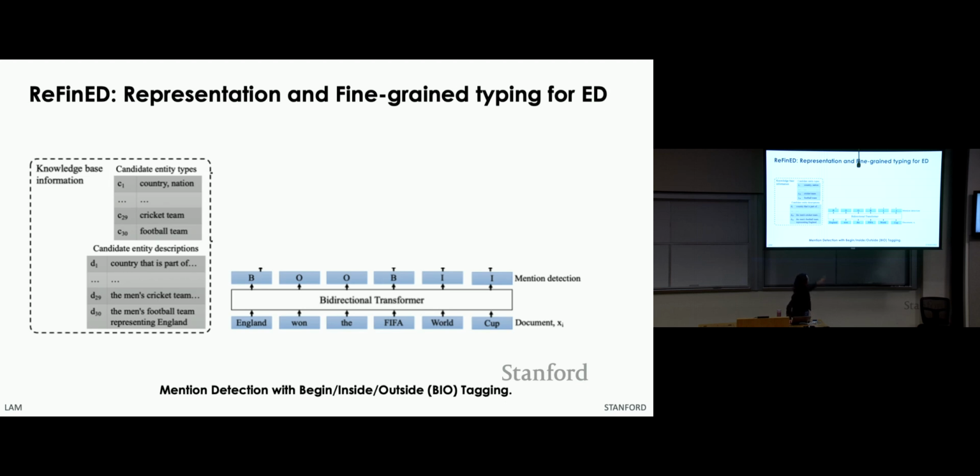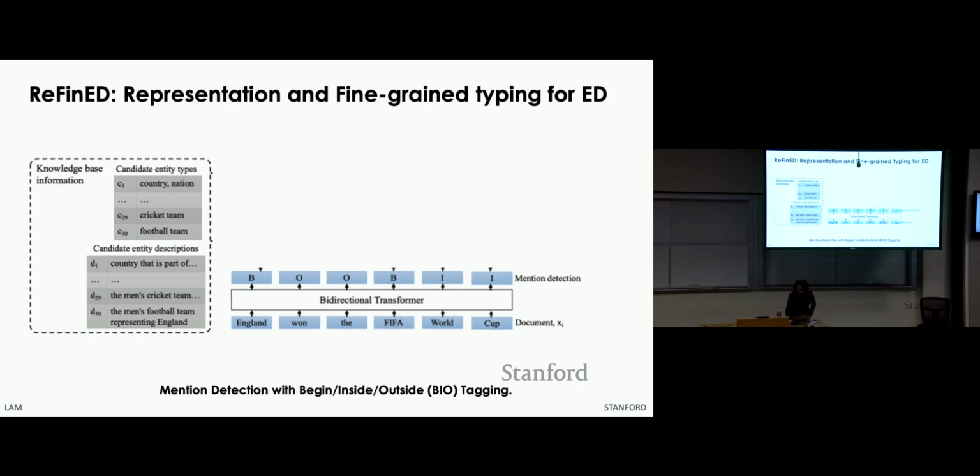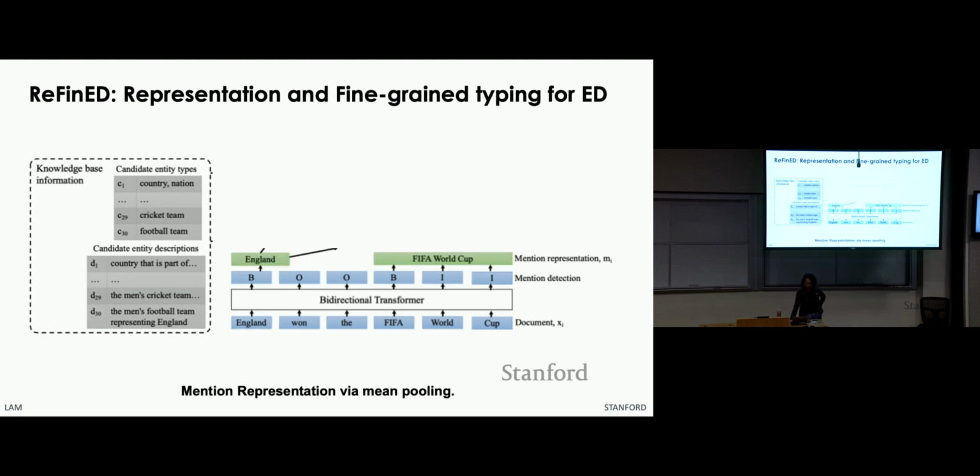So what it now does is pull out that we have England and we have FIFA World Cup. Those are the mentions. So that's the first stage of this transformer. So the first stage is mention detection, the begin, inside, and outside tagging. B is begin, I is inside, O is outside. So now you pull out the mentions.